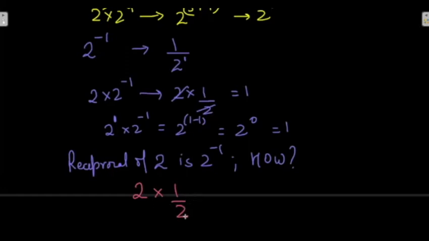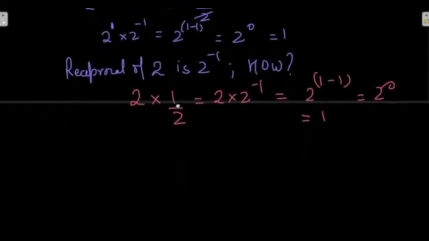And what we said was that whenever you take a number from numerator to denominator, or denominator to numerator, the sign of its exponent changes. So this can also be written as 2 into 2 raised to power minus 1, and it will become 2 raised to power 1 minus 1, which is equal to 2 raised to power 0, and the answer is 1.